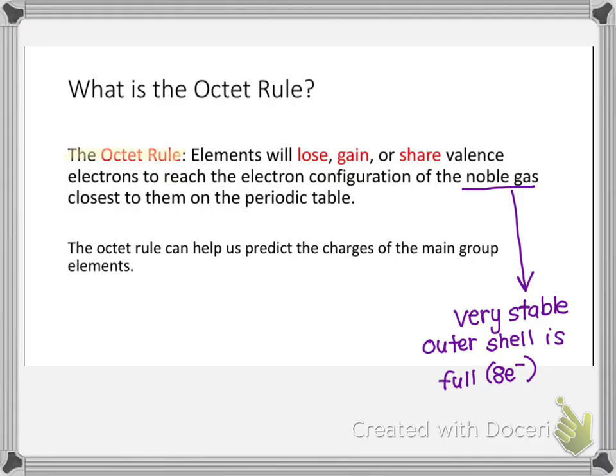But ultimately, what we're going to do is find a pattern, and that pattern is related to the periodic table, and we're going to use that pattern so that we can predict what charges our representative elements will form. Okay, so that's our goal.